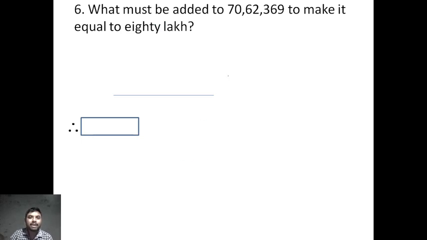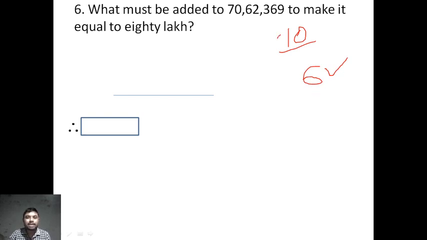What must be added to this to make it equal to 80 lakh? My dear student, I am giving a short example. So what must be added to make 10 with 6?